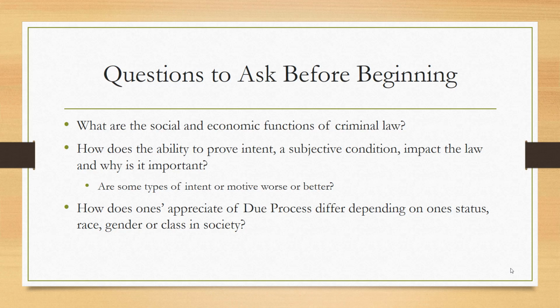How does one's appreciation of due process depend upon one's status, race, gender, or class in society? If you're concerned about due process, and we'll define due process later, basically the way something's done, does that change depending upon where you are?